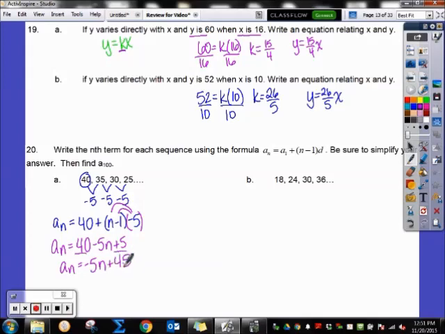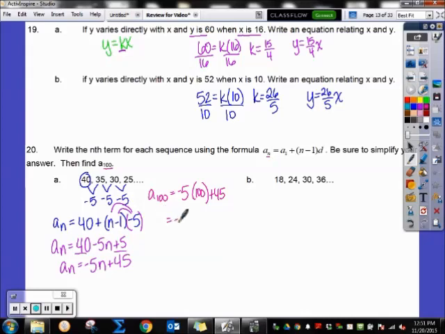Then if we want to find a sub 100, which means the 100th term, I need to plug in 100 for n, because you'll notice that's what's taking the place of n. So I would have a sub 100 equals negative 5 times 100 plus 45.